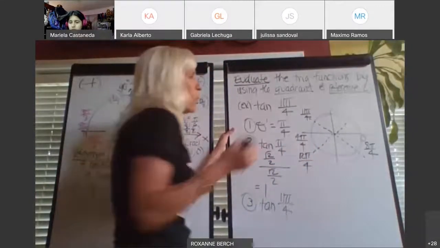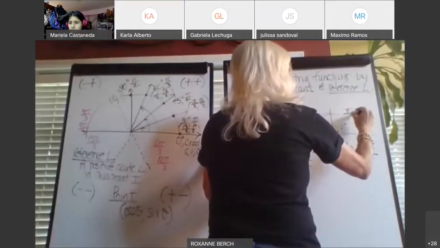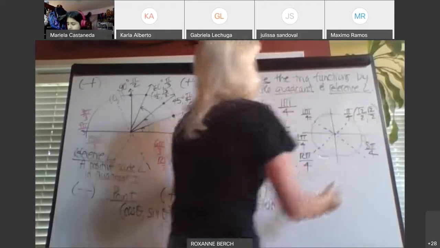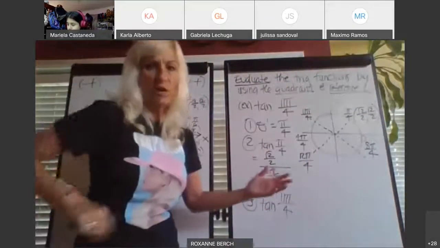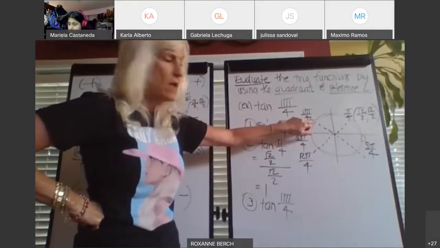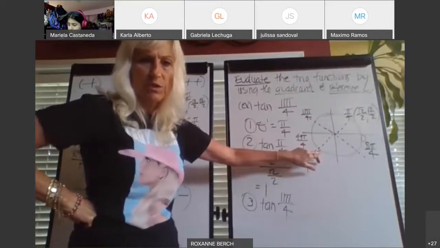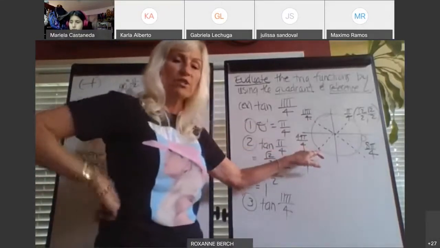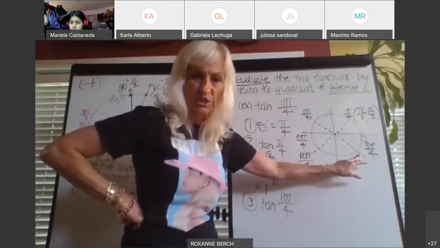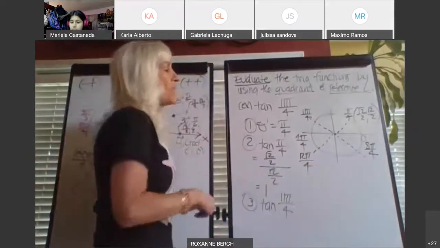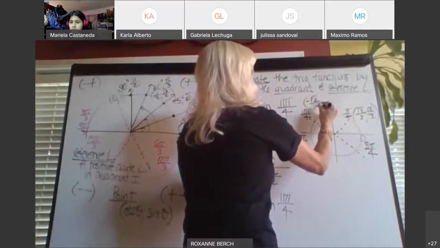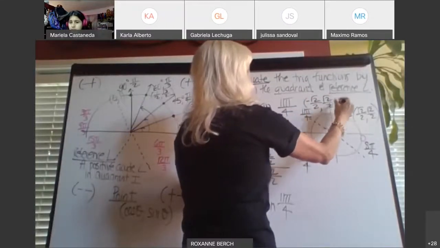Okay, so what's going on here? We know the ordered pair for pi over 4 is radical 2 over 2 and radical 2 over 2. Do you realize that this point is radical 2 over 2, radical 2 over 2, and this one is radical 2 over 2, radical 2 over 2, and this one as well? The only difference is this one's ordered pair is negative radical 2 over 2 and positive.